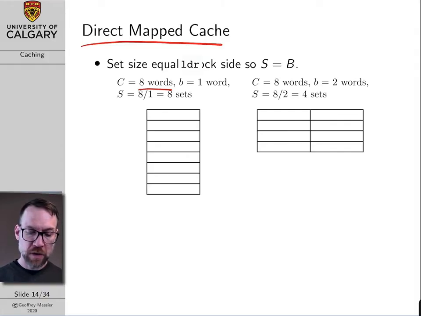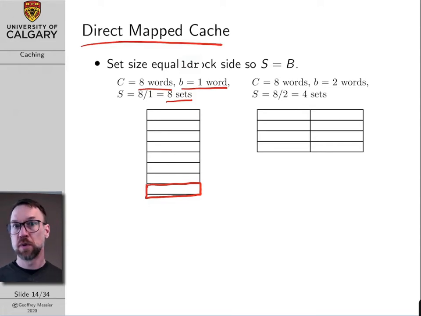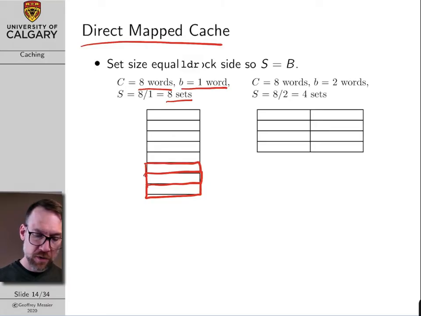Our block size is just 1 word, so we only fetch 1 word at a time. That means the number of sets is equal to 8. The first word in our cache corresponds to 1 block and also to a set. The second word is a set, the third word is a set, and so on. So we have a total of 8 sets.